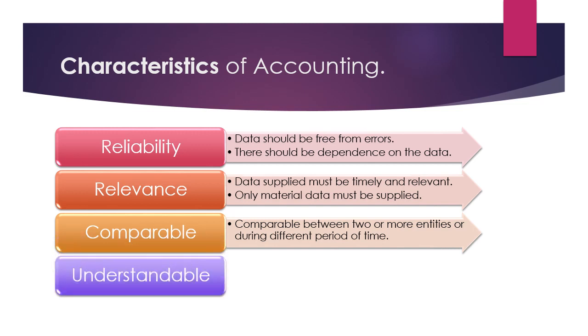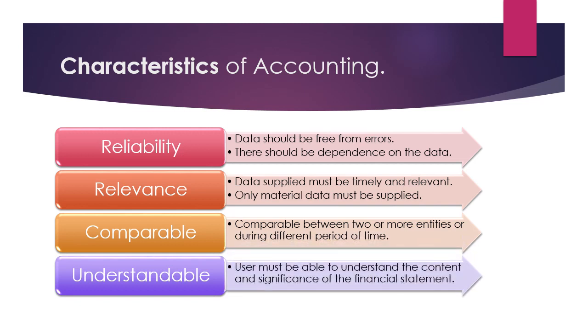Understandability. Understandability is the most important characteristic of accounting information. The data collected or information derived out of it does not play its role unless the user can understand the meaning. Accounting information, therefore, must be simple and easy to understand.